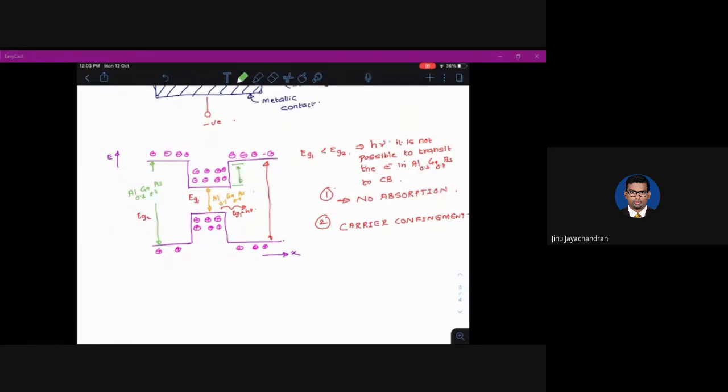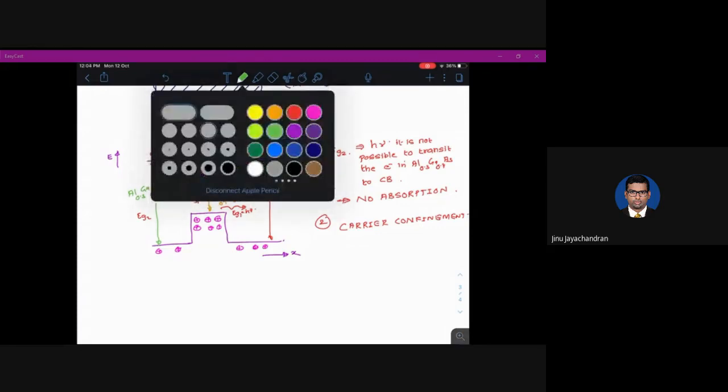Similarly, the holes will also be confined. So now the carriers are confined inside that structure of the well, and because of which the electrons can easily jump to the valence band and combine with the holes, which will produce more light. This is called carrier confinement, where it is confined inside the well.